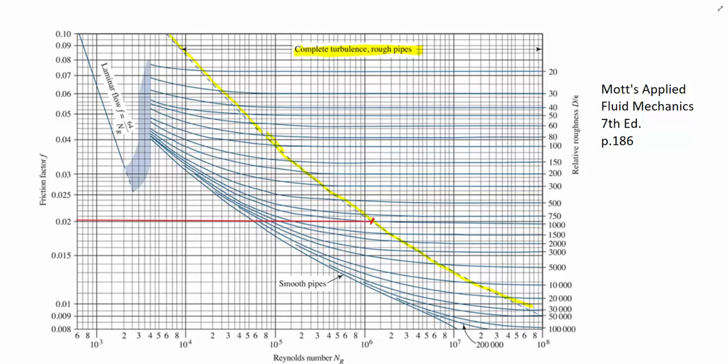So to read the Ft number, we basically just need to find the relative roughness number, which is from the material of the pipe, and then find the curve. For example, if the relative roughness is equal to 1,000, I'm going to get this curve, and then I find the cross point right on the dashed line on the curve, and then read the friction factor on the left side of the Moody diagram. So you do not need to calculate Reynolds number to get Ft.